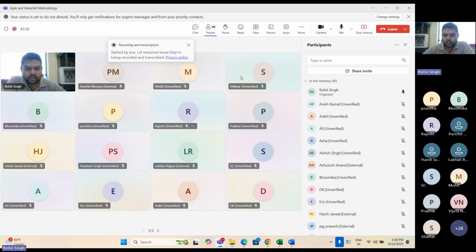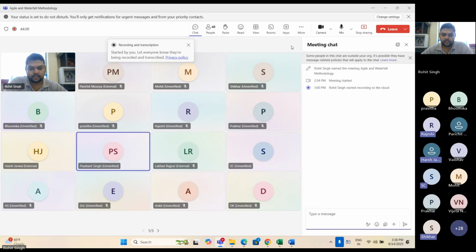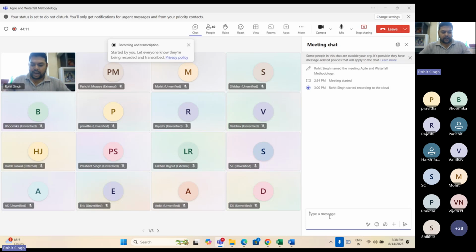Now let's say, guys, you are all able to see my screen, right? Yes. Okay, so I'm writing something. Let's say I'm creating tickets. Ticket 1 goes to Rohit: user story, documentation. Ticket 2, Ayush: design.